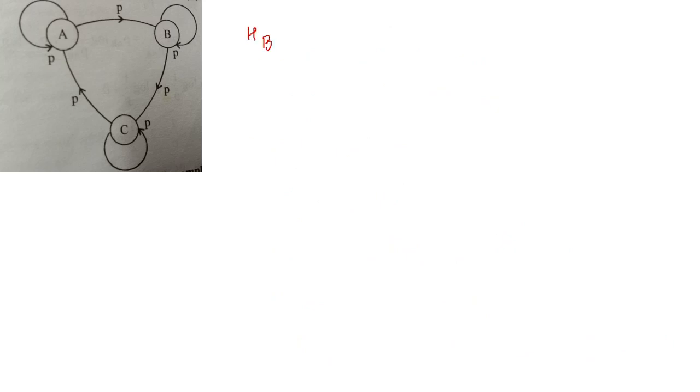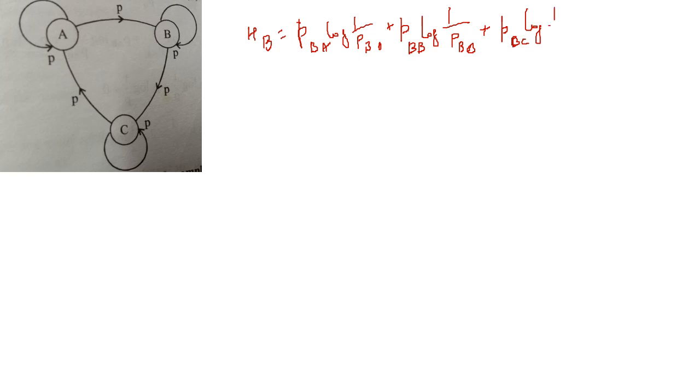HB is equal to PBA into log 1 by PBA plus PBB into log 1 by PBB plus PBC log 1 by PBC. We substitute in the equation, we'll get PBA, that is from B to A there is no value, so it is equal to 0.